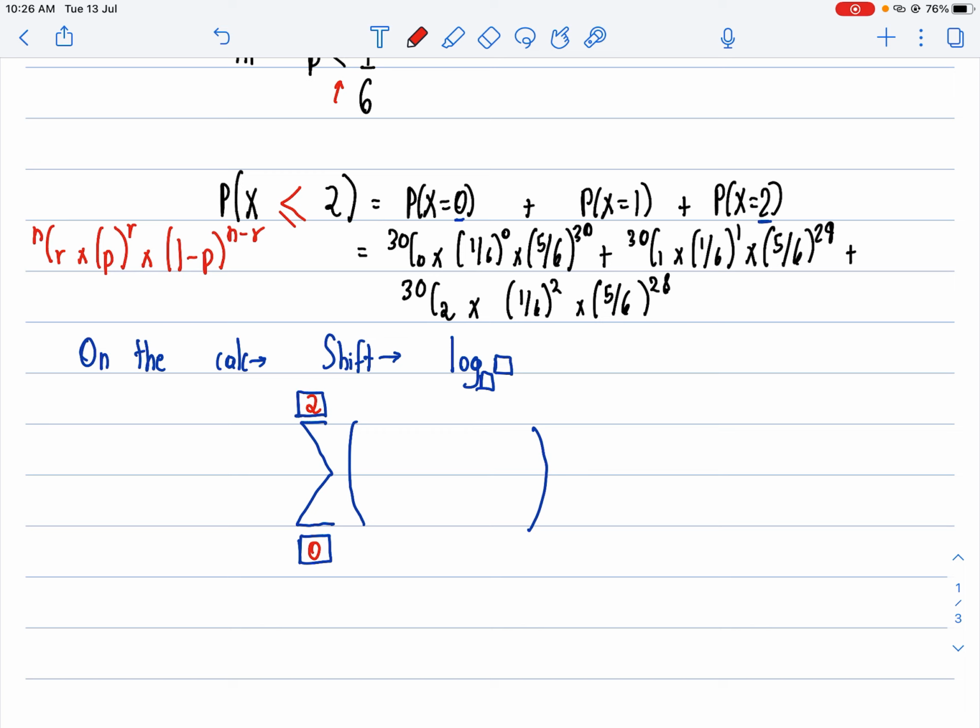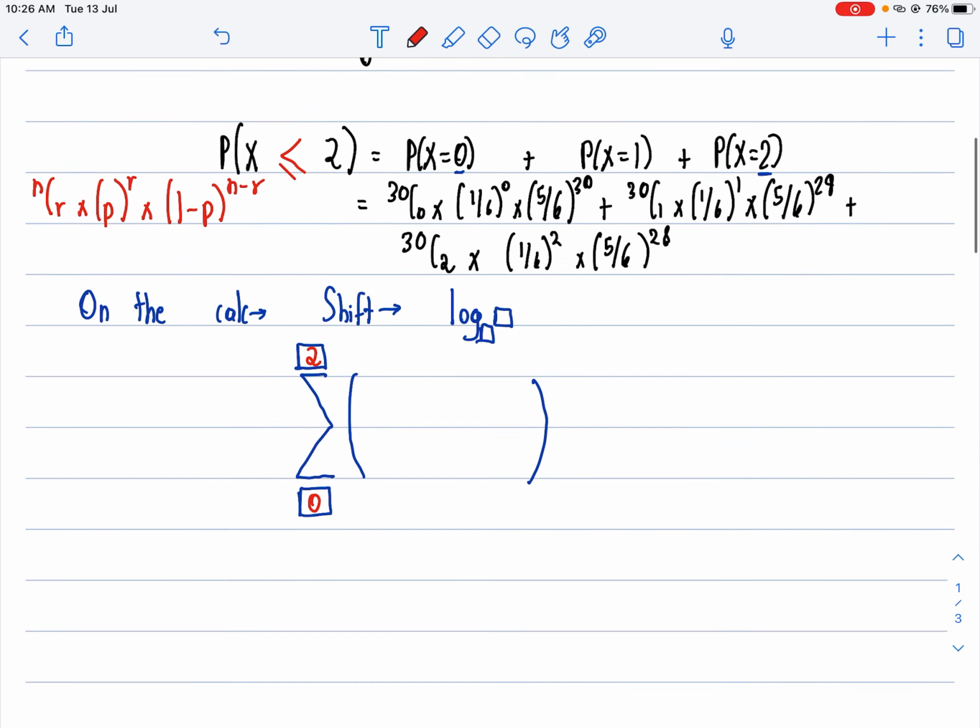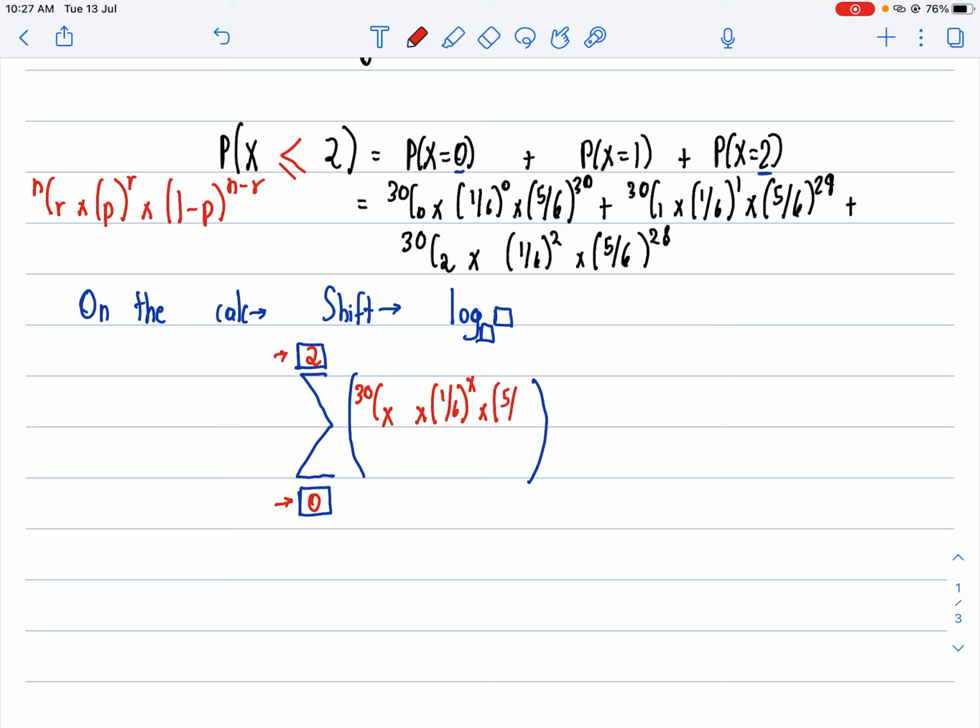In the bracket, you simply write nCr, which is 30CX, where X takes all the values from 0 to 2 inclusive, multiplied by 1 over 6 raised to X, multiplied by 5 over 6 raised to 30 minus X. This is what I'll write.